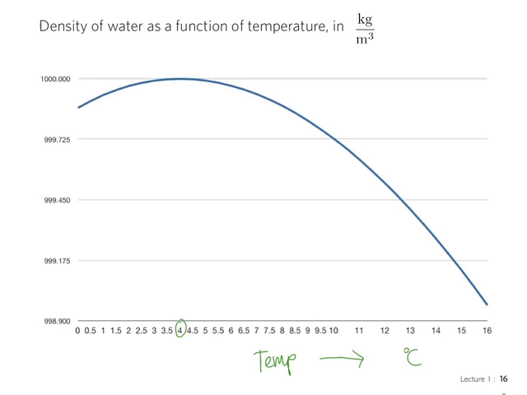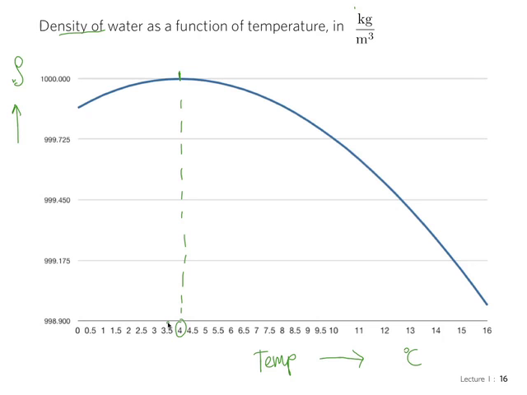Very important to put labels in your plots. So here I'm teaching by a counter example. My plot is bad because there are no labels. And here we have the density. So at least it says density as a function of temperature, so I'm giving you a hint there. And the units, very important. So here's the density. So the maximum density occurs at a temperature of 4 degrees Celsius.